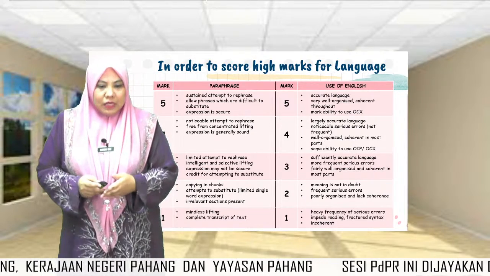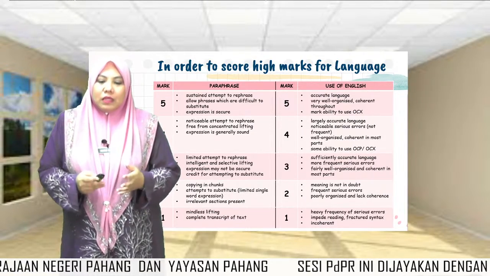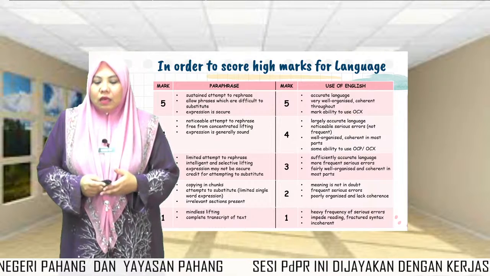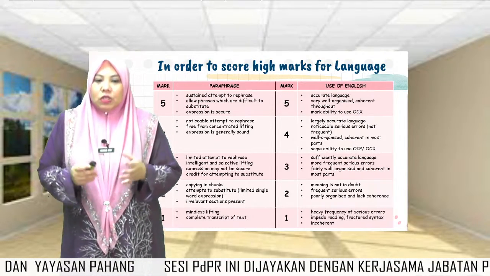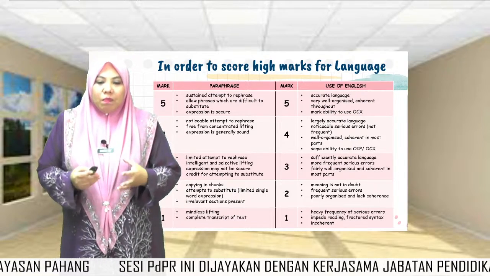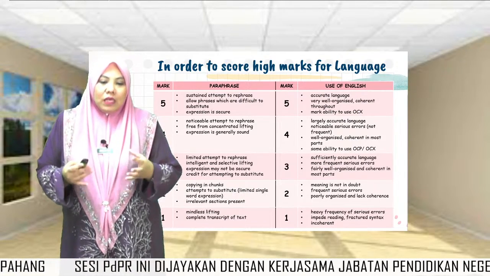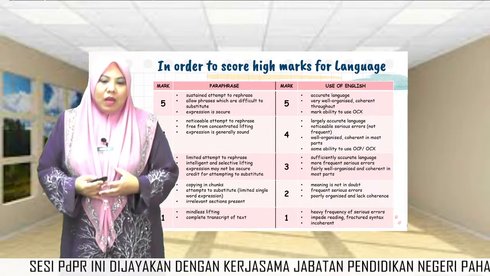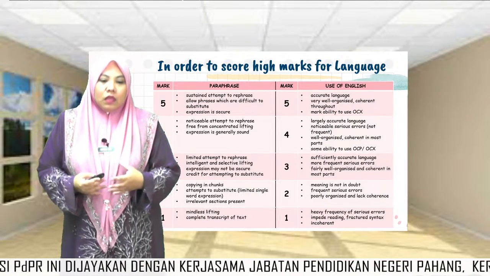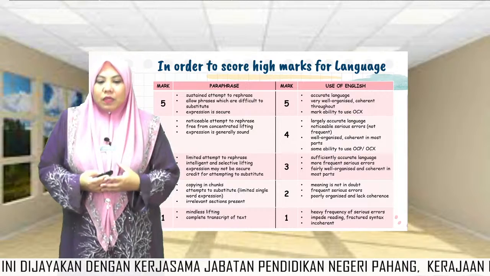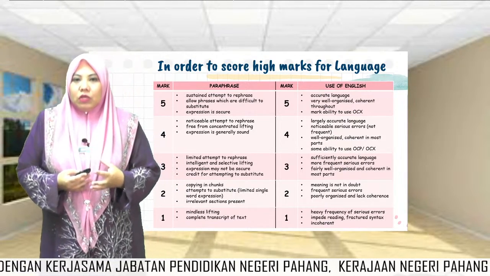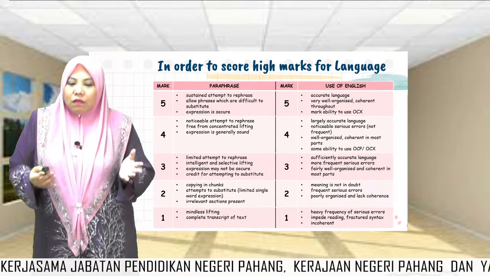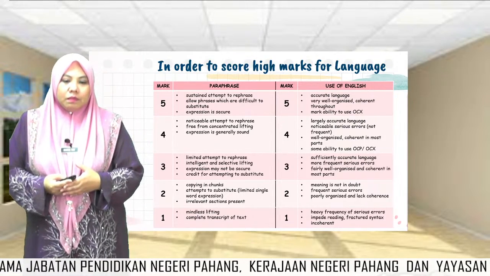By paraphrasing, students are able to show the ability to understand the content of the passage. If you copy from the passage directly and do not paraphrase, you will only receive between 0 to 3 marks for paraphrasing. So, it is advisable that you rephrase the sentences from the passage in your own words if you wish to get higher marks.